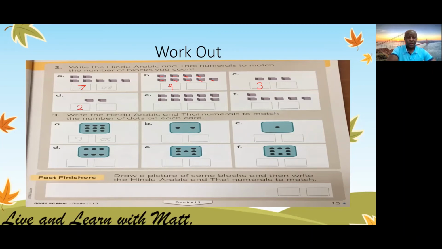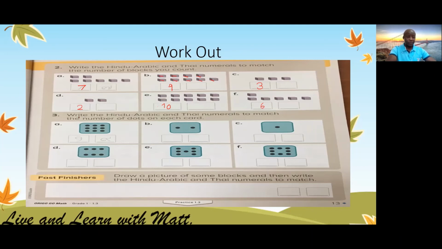Part E, how many can you count? Please count it and tell me. That's 10, that's correct. So we write 10 here. Part F, how many can you count? That's 6, that's correct. So we write 6 here.